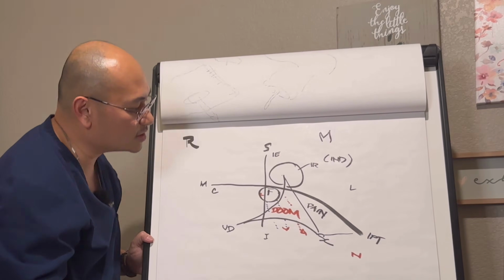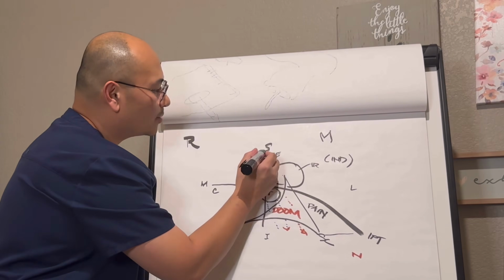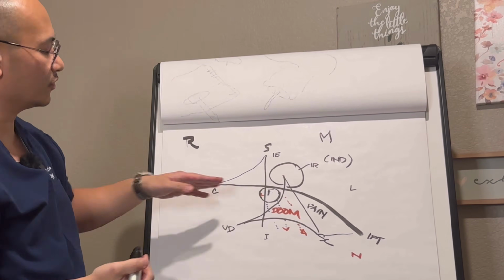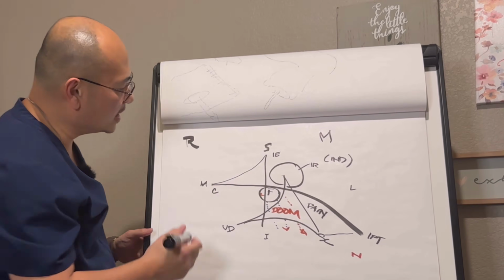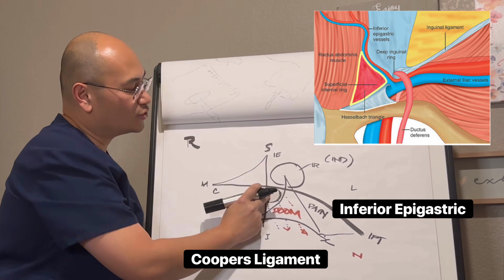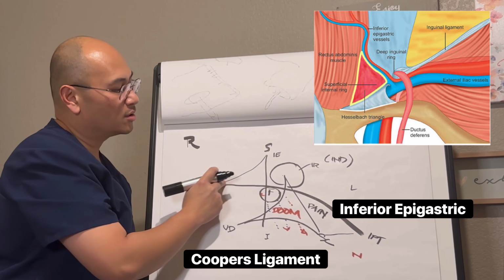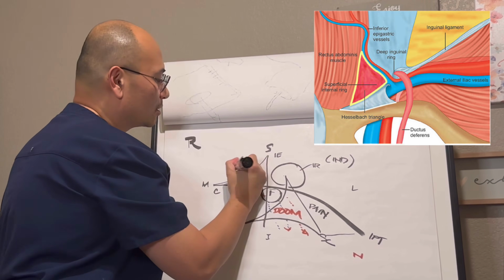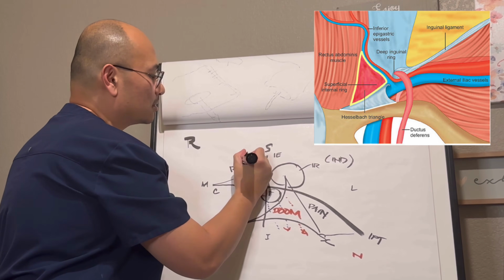Afterwards, what else is there? Well, remember this triangle? They do love triangles in the inguinal hernia. So we have your Cooper's here, your inferior epigastric, and your lateral border of your rectus muscle. That's your rectus.